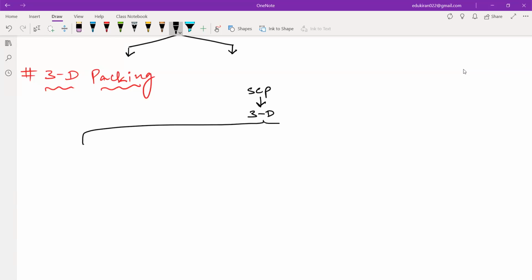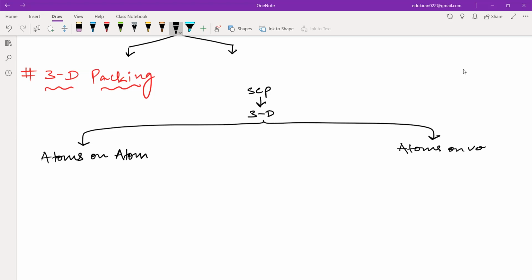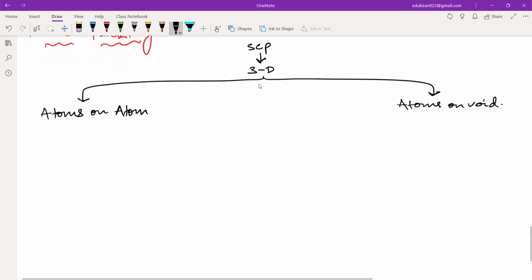And in 3D, we will have 2 different types. Atoms on atom, and the other will be atoms on void. So let us look at atoms on atom first.